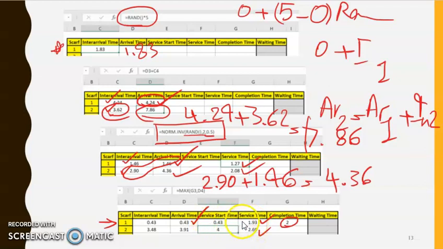So it would be the service start time, that is 0.43, plus the service time, that is 1.93.